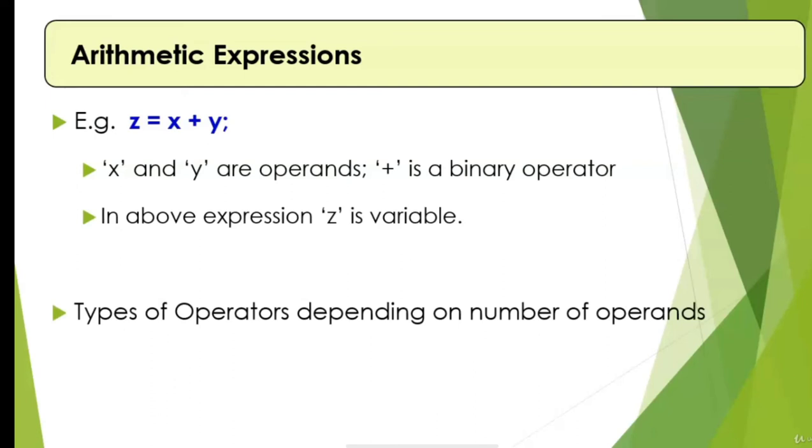Depending on how many operands there are for an operator, we have different types of operators, namely a unary operator, which operates on a single operand, binary operator, and ternary operator. Ternary operator operates on three operands.